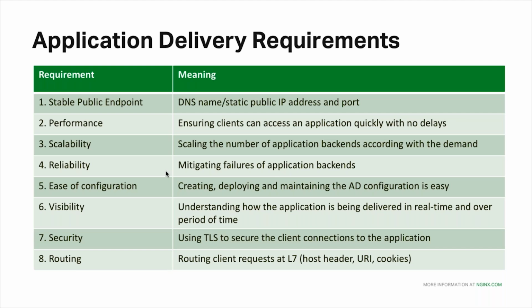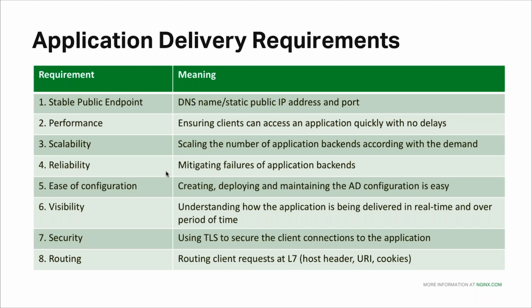Our users should not experience any delays while accessing the application. Third, scalability. We should be able to increase or decrease the number of the application replicas according to the demand. Fourth, reliability. In case of a failure of an application component, our users should not notice that. The failed component itself should be brought back to a healthy state.